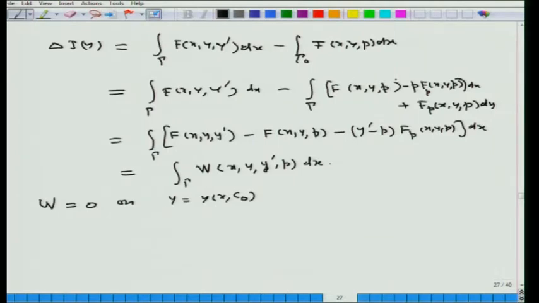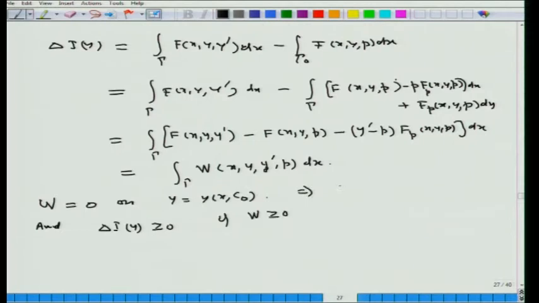So, you get y prime equal to p, and here also y prime is p. So, both the terms will be 0, and delta I(y) will be greater than or equal to 0 if W is greater than or equal to 0, and so we will have I(y).